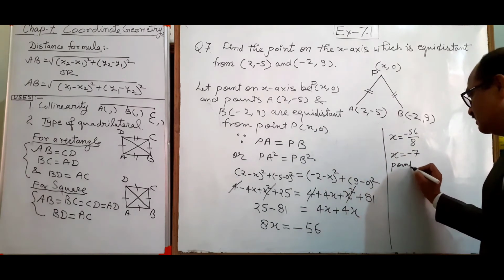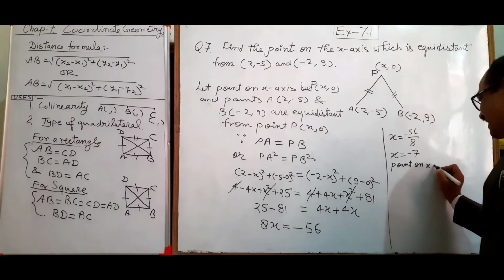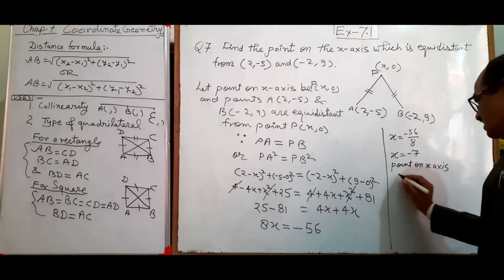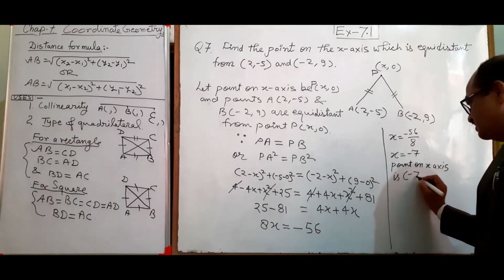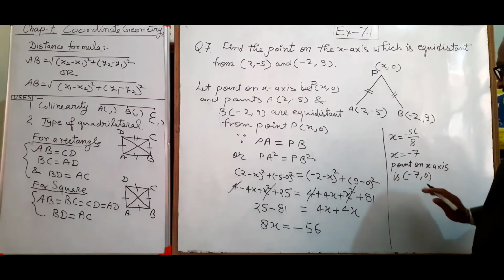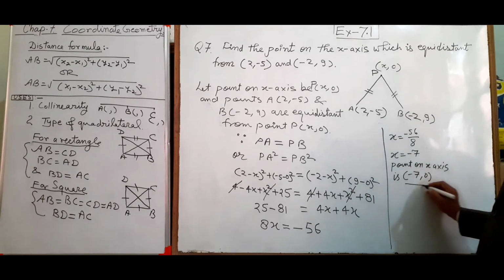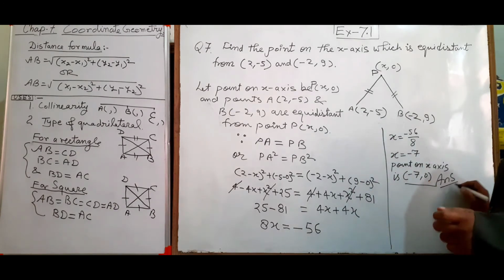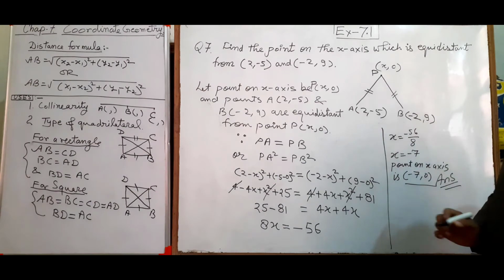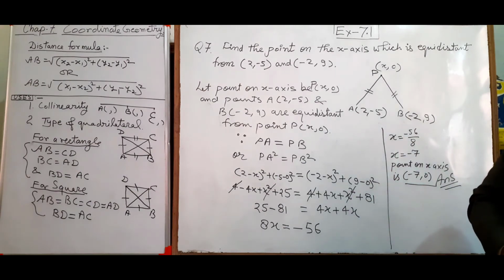Point on x-axis is minus 7, 0, which is equidistant from point A and B. So this is your required answer. So you may simplify or solve the question number 7 like this.